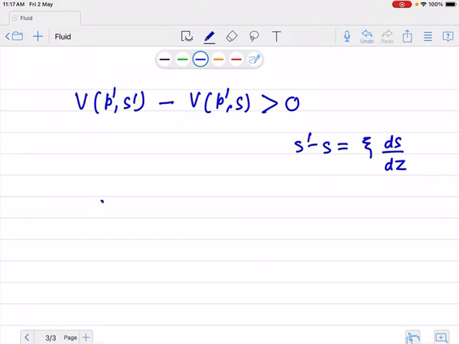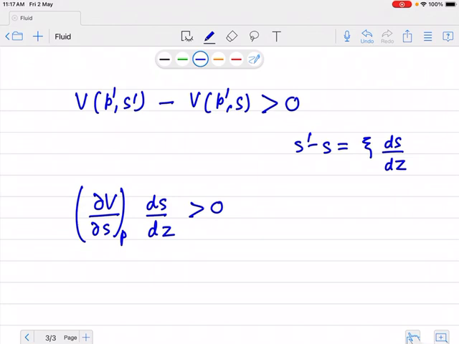So we can obtain dV over dS at constant pressure, times dS over dz, is greater than or equal to 0. We are just expanding around this equilibrium.